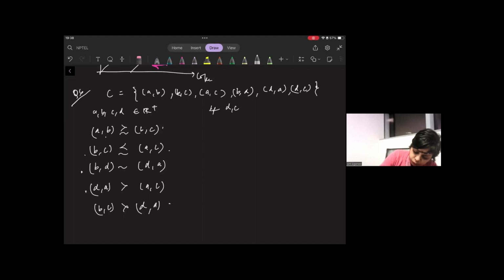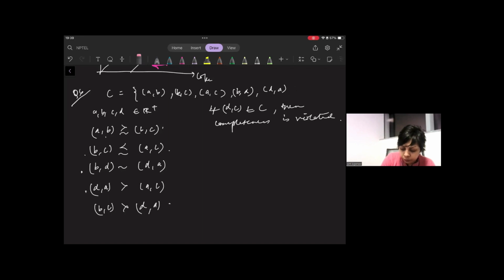If D comma C belongs to consumption set C, then completeness is violated, right? However, there is no such D comma C in the consumption set C given in the question. So we will ignore this. I'm just trying to help you understand what each violation actually means, right?